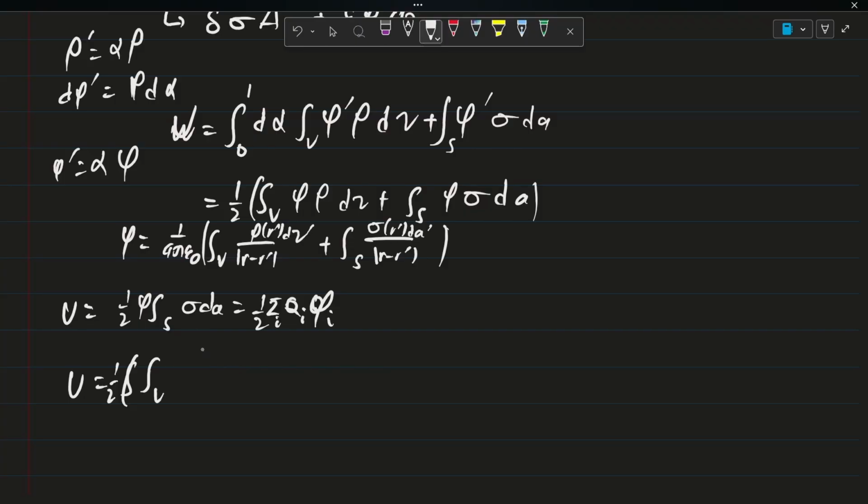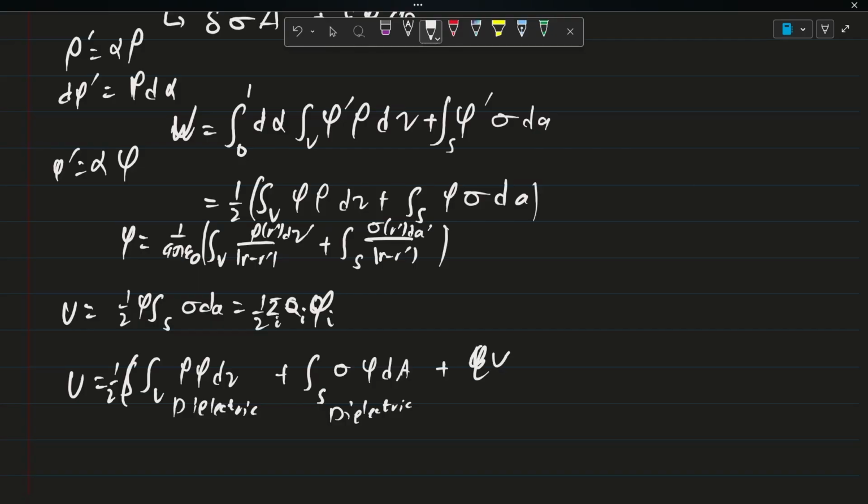So the much more general case would be when U is half times the integral over the volume of rho phi dV for the dielectric, plus the sum of the surface sigma phi dA for the dielectric, plus q phi for each of the conductors, like so. So notice the difference here.